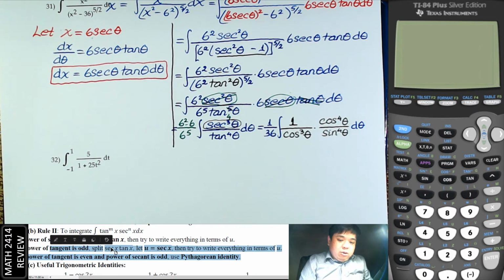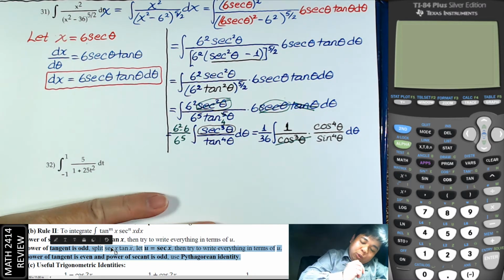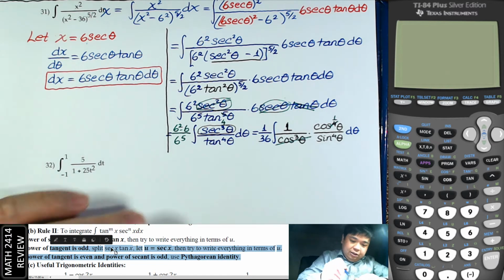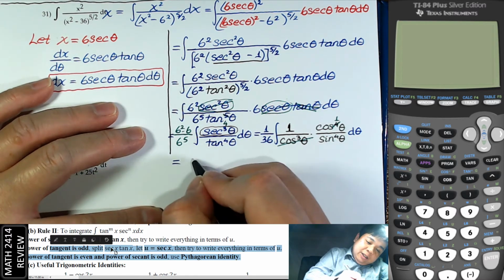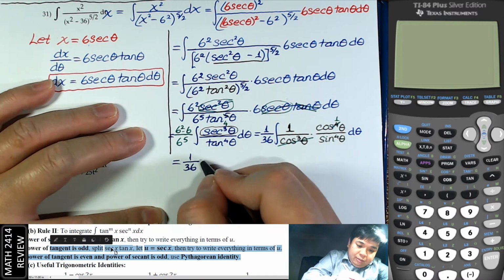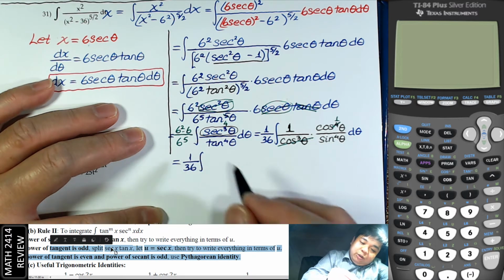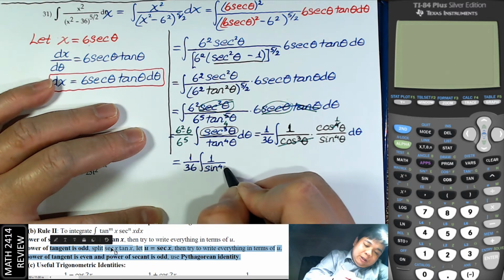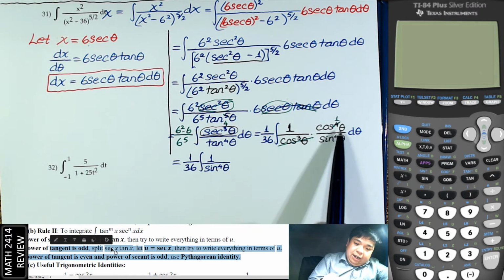So we can cancel 3 of these. There's 1 left. And then just 1 over sine to the 4th. And then there's a cosine left.